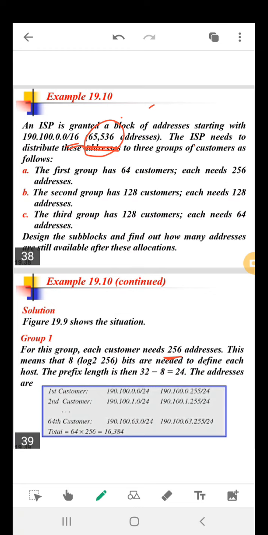So 256 is nothing but, if I convert it into the number of bits required to represent it, we know that 2 raised to power something should be equal to 256. What that something is, we get by taking log on both sides. That gives us log base 2 of 256, which is equal to 8.